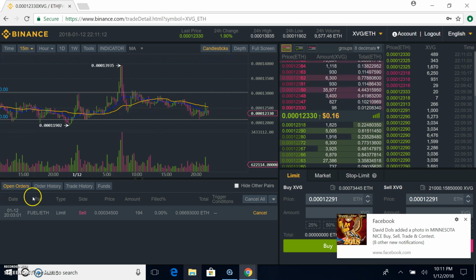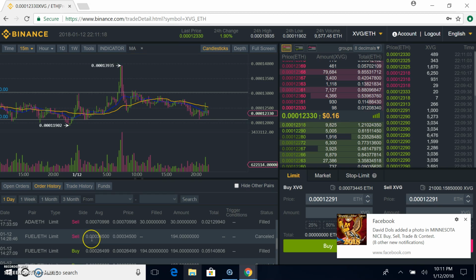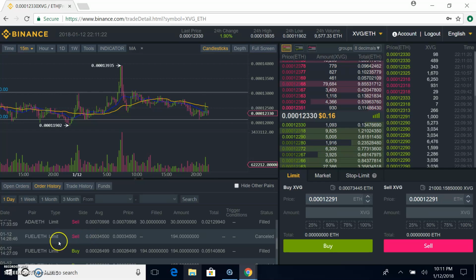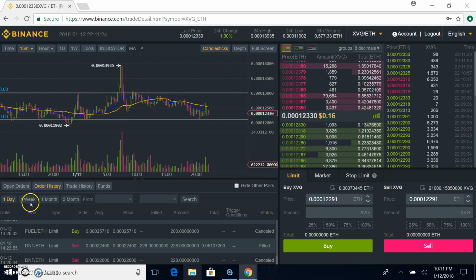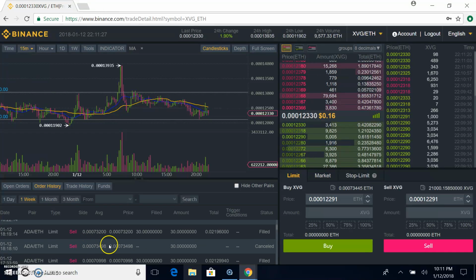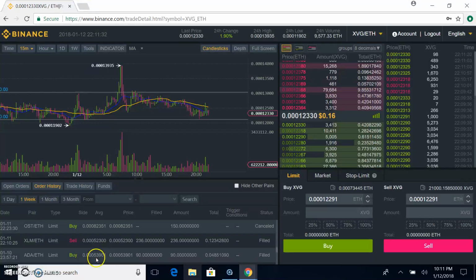If you are using Binance and you look at the bottom, you can see your open orders, your order history, and these are good indicators to see what kind of profit you're making. So if I go back, I think I bought Cardano at, where did I buy it?